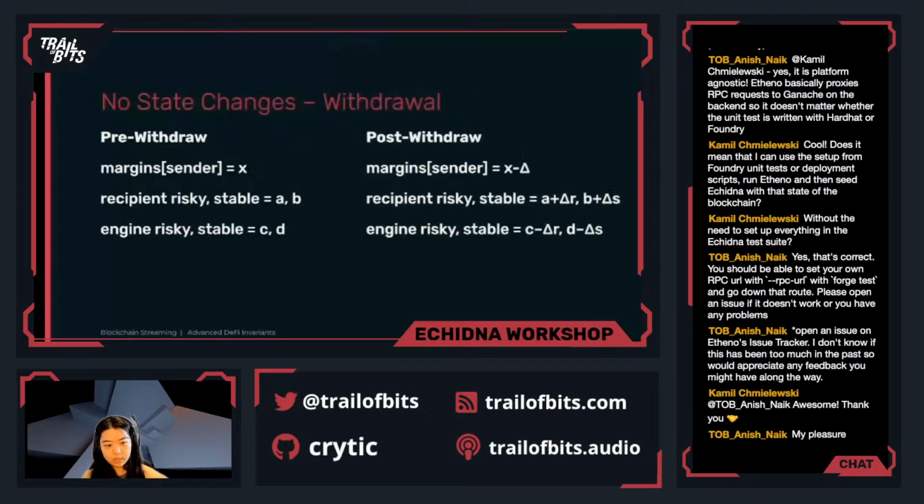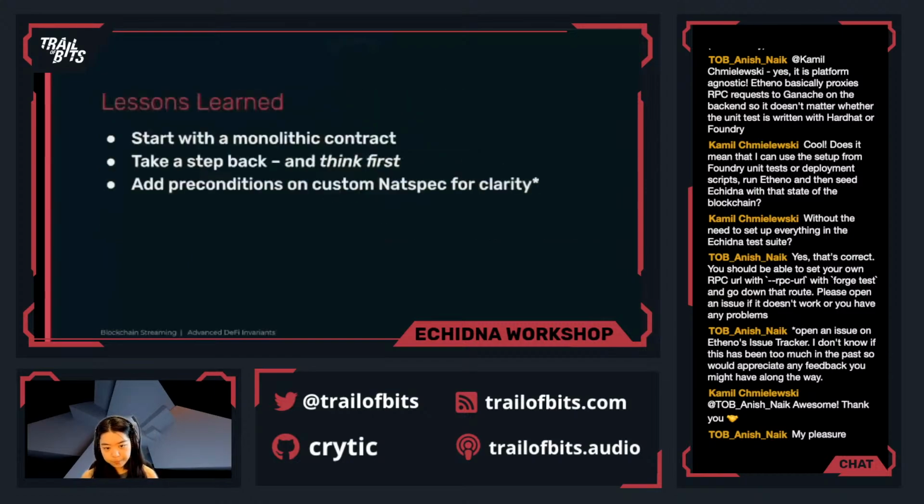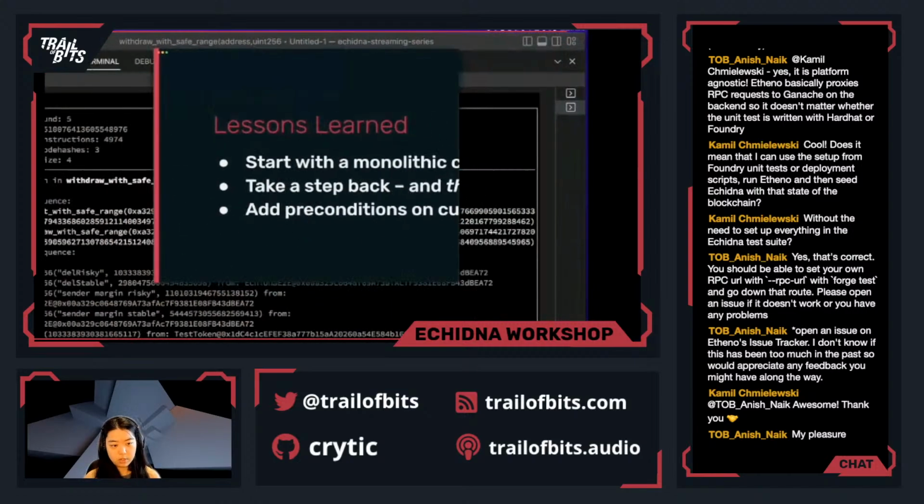So creating even just a diagram of what is expected to happen helps. Another thing that comes in handy is to add custom NatSpec documentation on these functions. You specify its preconditions and its postconditions, and if you have that all outlined close to where the function is defined, you have a much better sense of what is expected to be true, much like how we were just adding comments throughout these streams as well.